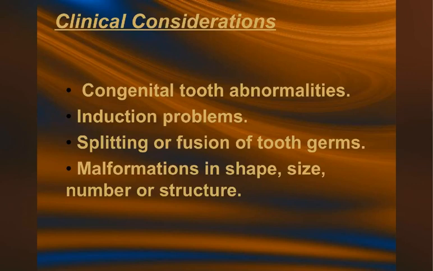Number. Sometimes we have fewer teeth, we have missing teeth. Sometimes we have extra teeth. Missing teeth, like sometimes we have missing upper lateral incisors. The most commonly missing teeth are third molars.